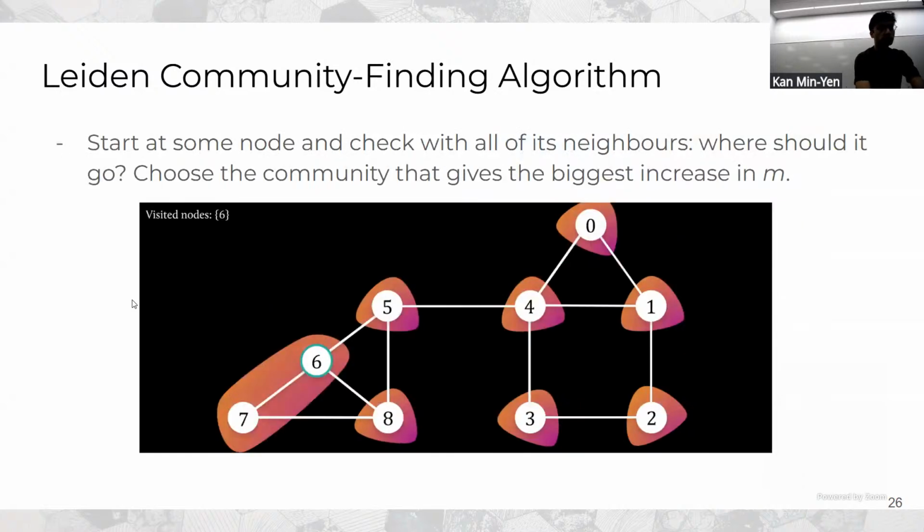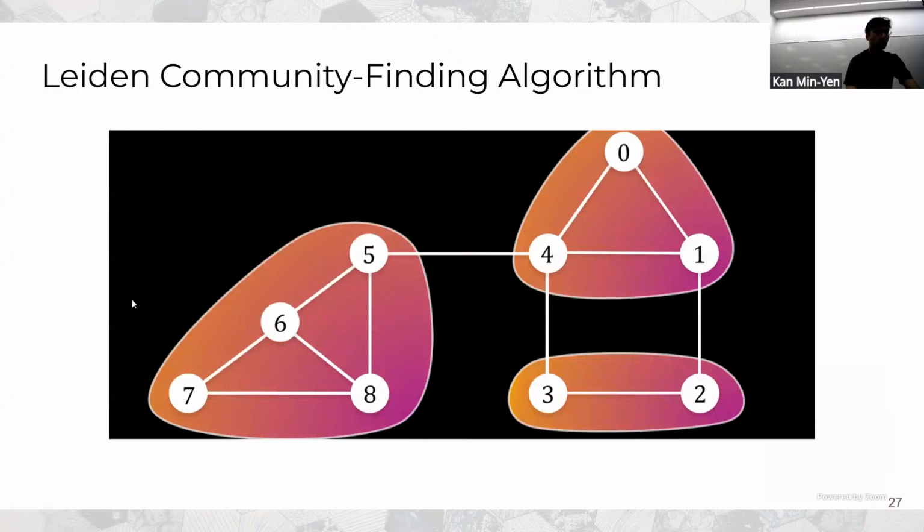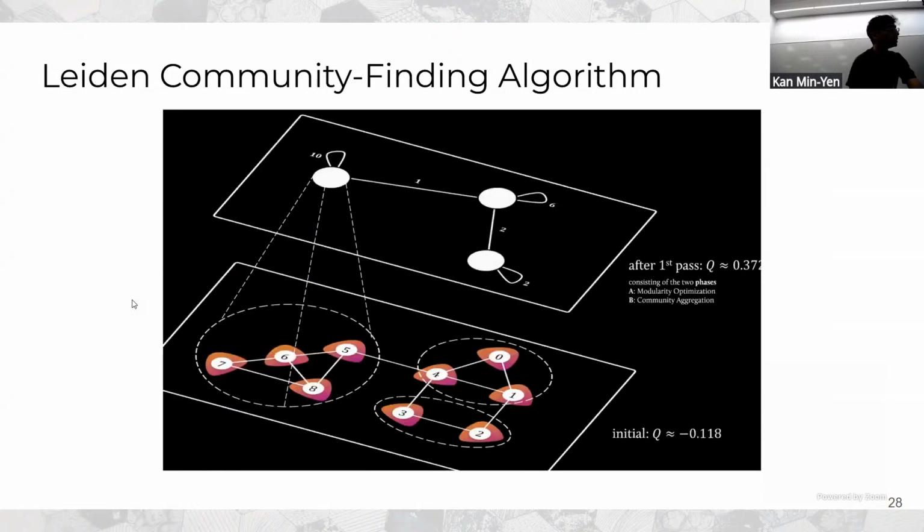That might result in a situation where now 7 and 6 are in a community. Then you successively continue this process until you have visited all nodes, and all nodes have been grouped into communities. But at this stage, we're not done yet. We take ideas similar to HNSW, and we repeat this process and aggregate the communities once again.